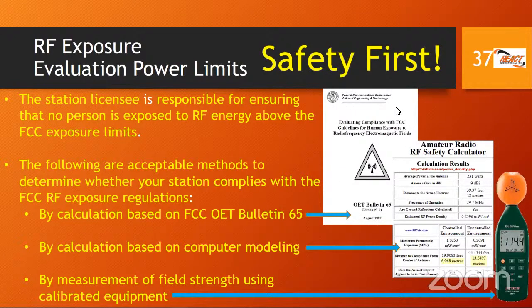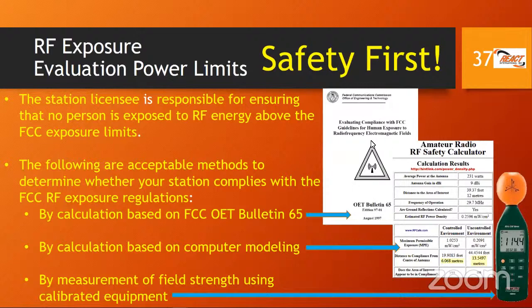It's called the OET Bulletin 65. That's the name of the document, and it goes into how to do a calculation to determine whether your station is likely to generate exposure limits above what is acceptable, right? So the method is given in this document, and you need to learn that for the exam. You calculate based on this bulletin, the FCC OET Bulletin 65.